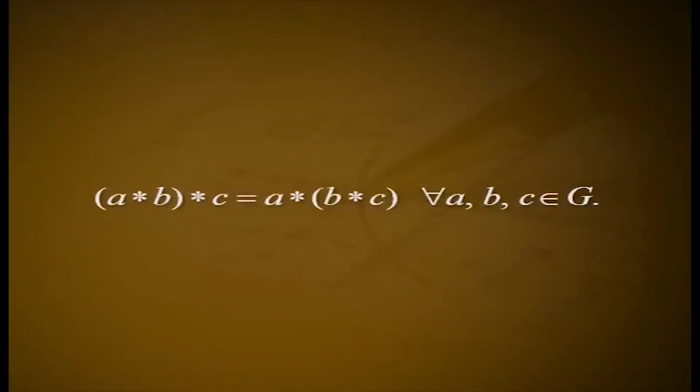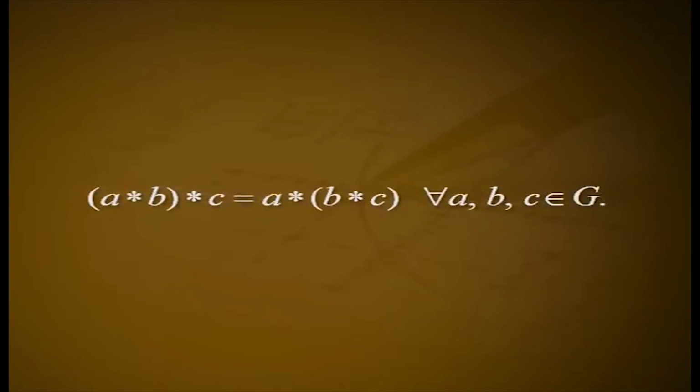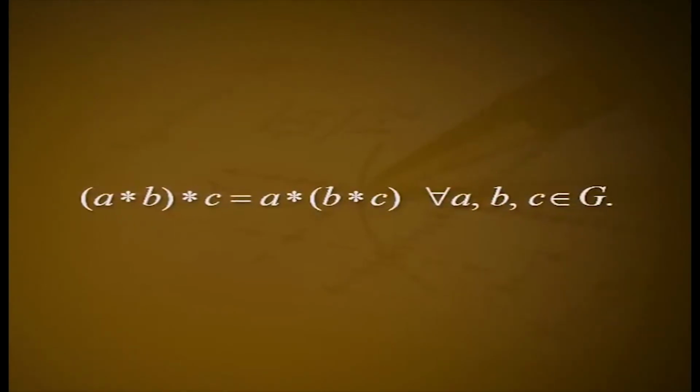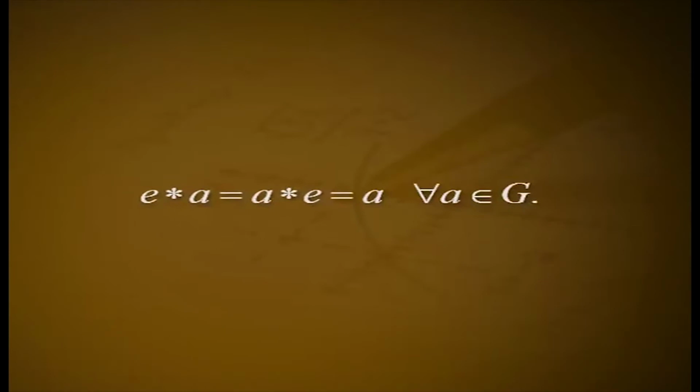The binary operation star is associative, that is, (a star b) star c is equal to a star (b star c) for every a, b, c in G. G2. Existence of identity. There is an element e in G such that e star a is equal to a star e is equal to a for every a in G. e is called the identity element for star on G.